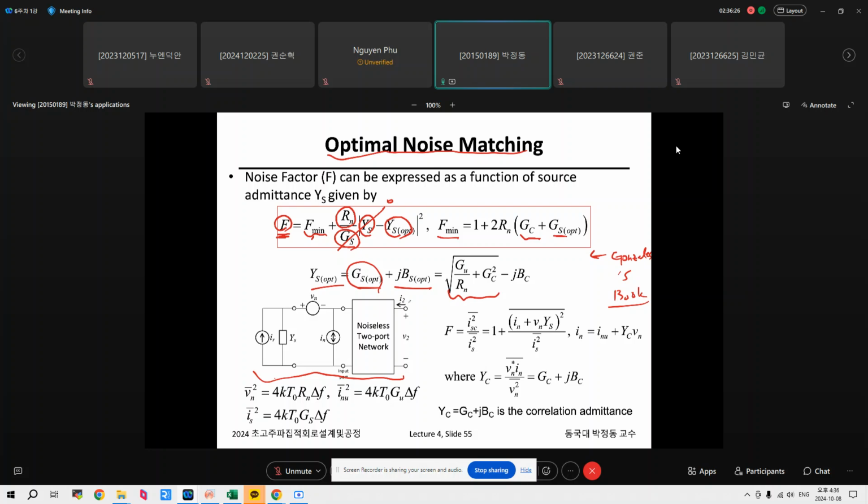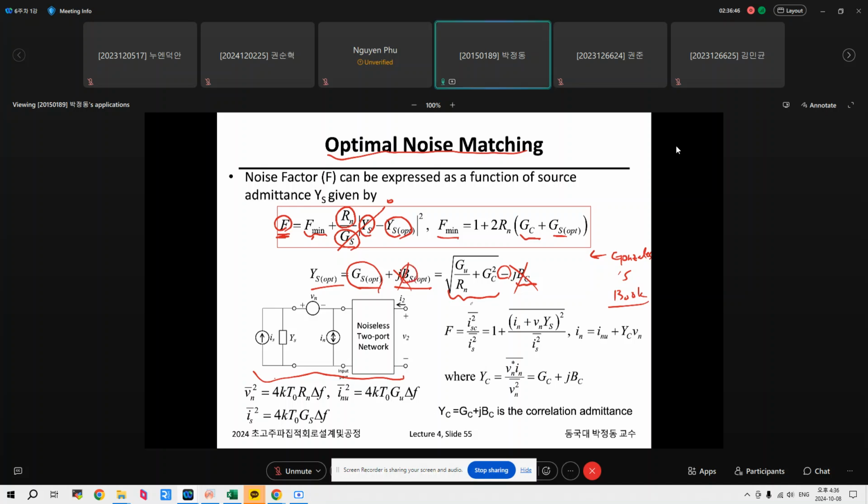To remove this term, BS opt has to be chosen as the negative value of j BC to cancel it out. Then it becomes YS opt. BS opt is chosen to cancel this out.